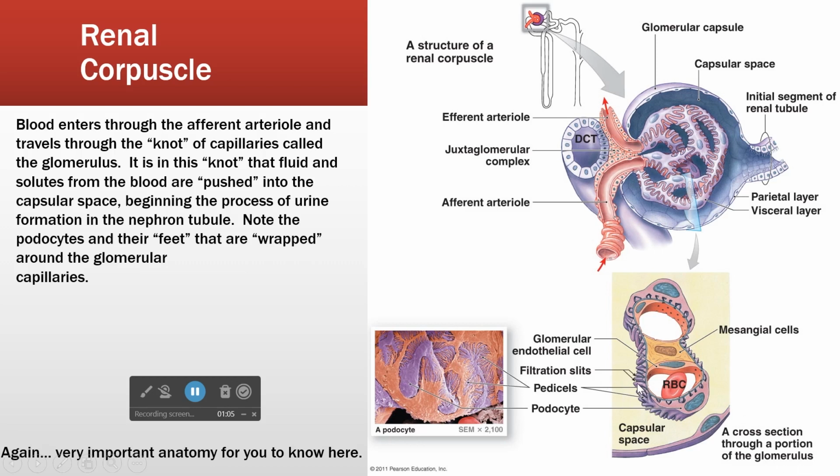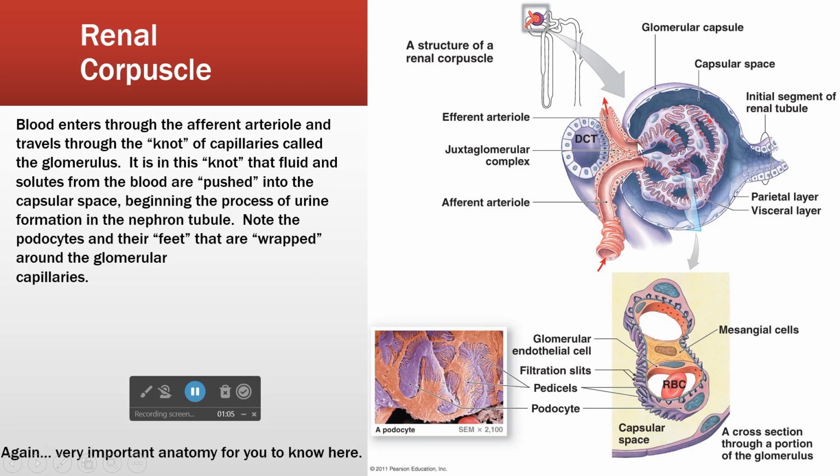And those slits are the filtration slits. So like, here's one and here's one. So what we have is a tube, the capillary, that has a bunch of holes, and surrounding the holes are podocytes with pedicels making slits.